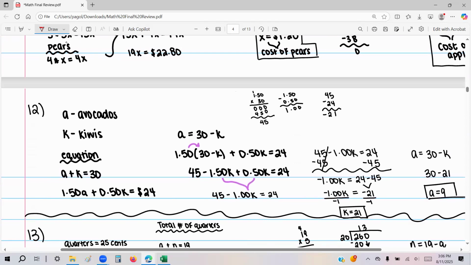The number of avocados and kiwis has to be 30, and their total price has to be $24. So price for avocado times number of avocados plus price for kiwi times number of kiwis, the total is $24. And then you can use substitution or elimination, whatever is easier to solve.